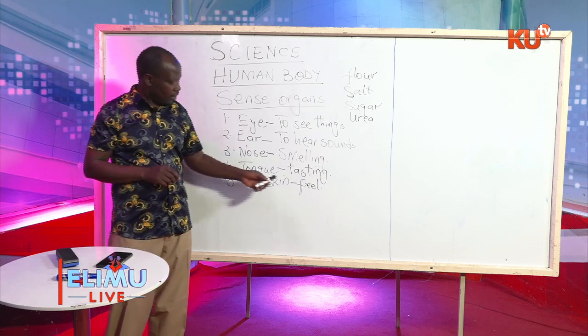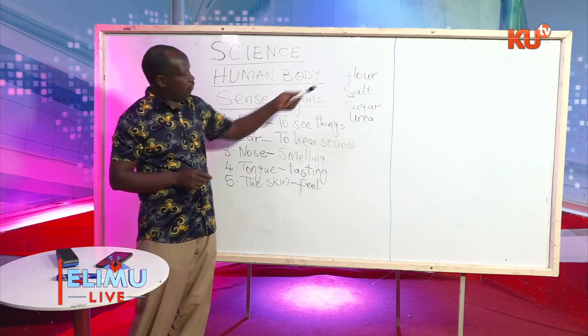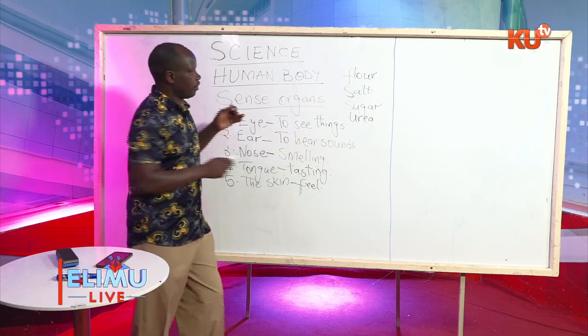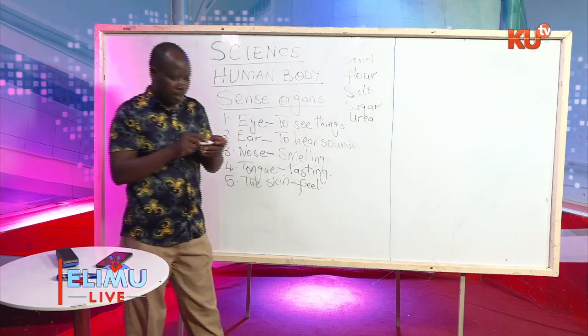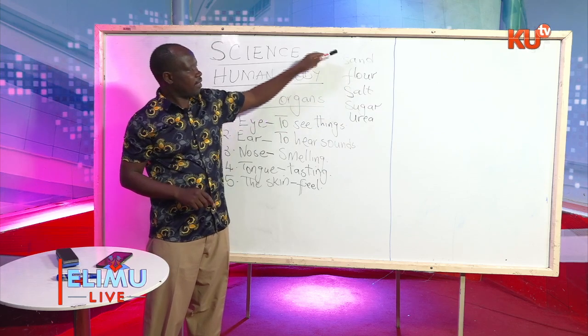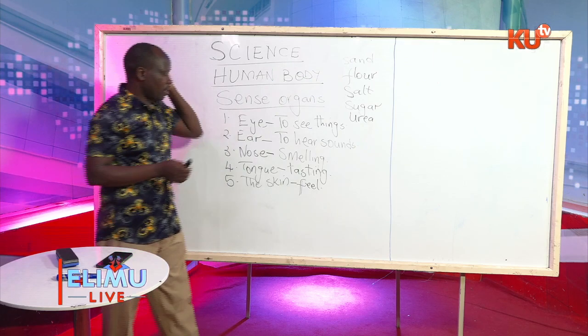You also feel when you touch, for example, flour and maybe sand. I can add sand. You will get that flour is soft and sand is rough. So that is the function of the skin.